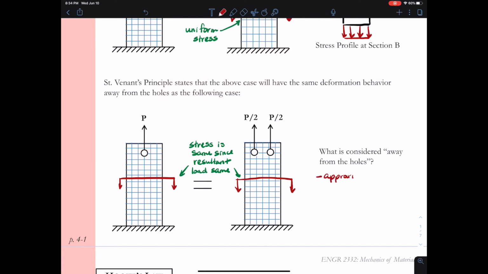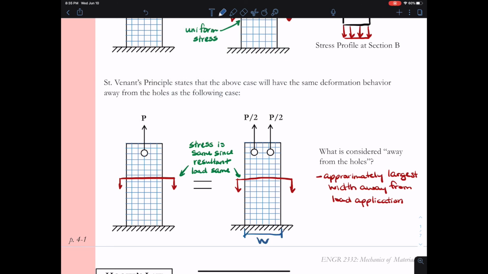What is considered away from the holes? So St. Venant defines away from the holes as approximately the largest width of the plate away from the point of load application. So in this particular instance, we would take the width of the plate as being the dimension, the horizontal dimension as we're looking at it here.